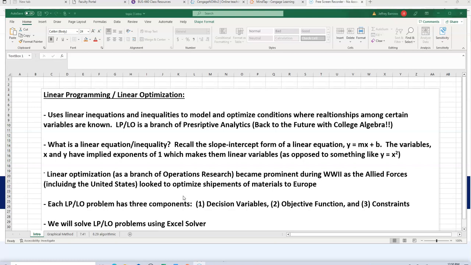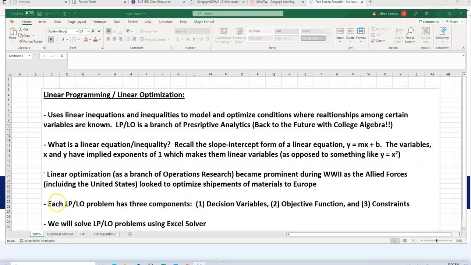But this linear optimization and linear programming technique really became prominent during World War II, as the Allied forces, including the United States, began moving materials to Europe to fight during World War II, and we were trying to optimize these shipments. And this was really the breakthrough period for linear programming and linear optimization. So, just a bit of history there before we take off here.